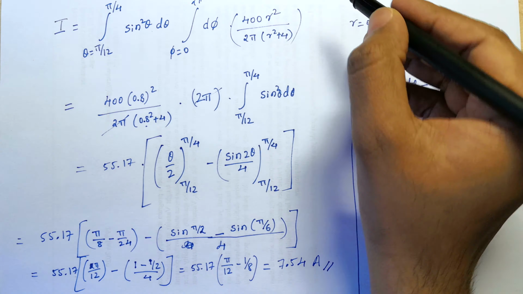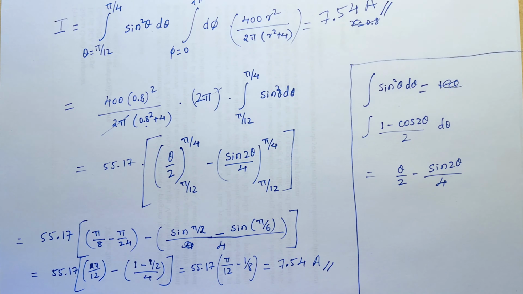Now the question asks to find the average current density flowing through the portion of this spherical surface. So let's just try to calculate the second part of this question. The second part asks to find the average current density.